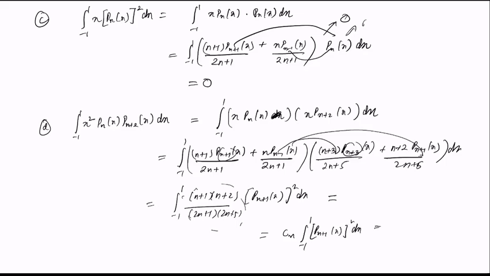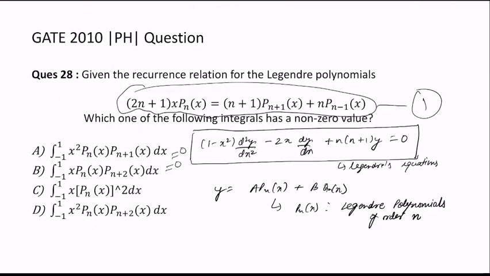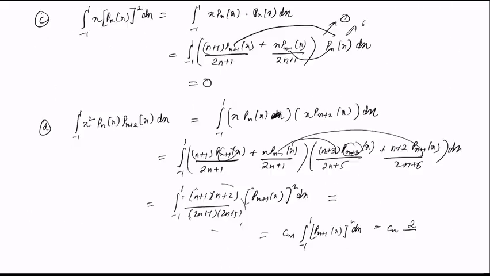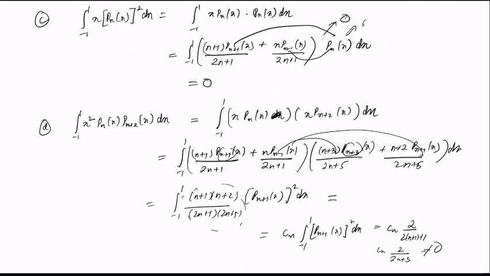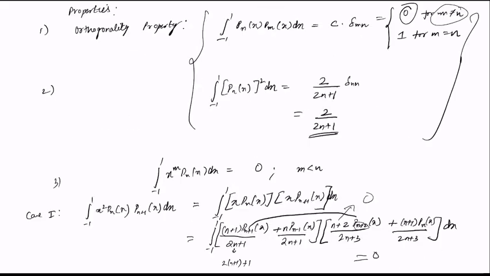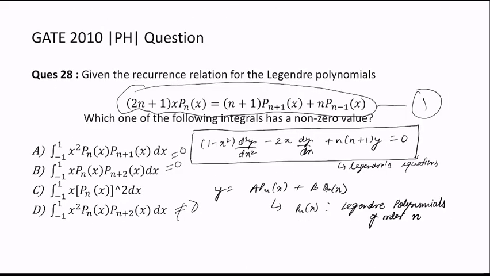Since here it is P n plus 1, it will be c of n times 2 upon, here it was n, therefore 2n plus 1, here it is n plus 1, so 2n plus 1 plus 1, which is c n times 2 upon 2n plus 3, which is not equal to 0. So this integral is not equal to 0. So the correct option for this question is D. D is the right option. So thank you for watching this video.